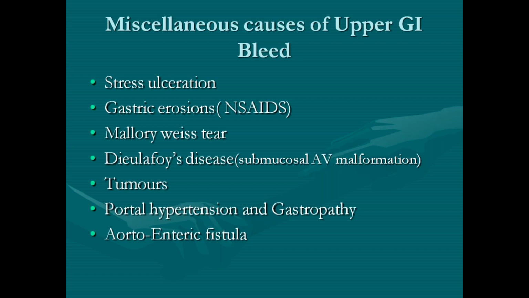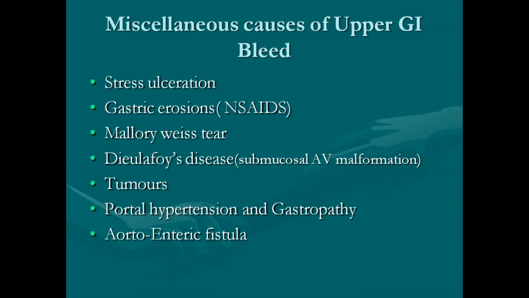So the patient can present with hematemesis or melena. Anytime the cause of hematemesis or melena is not made out, you should keep aortoenteric fistula in mind also. The patient will have a history of aortic graft. Most of the patients tell a history of aortic graft.